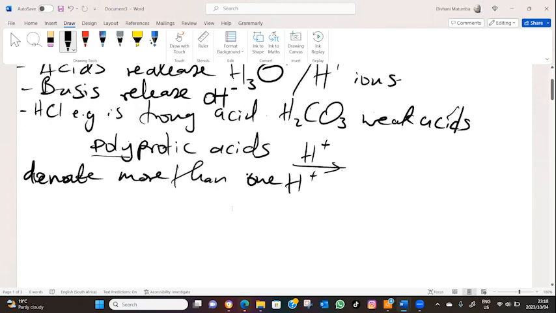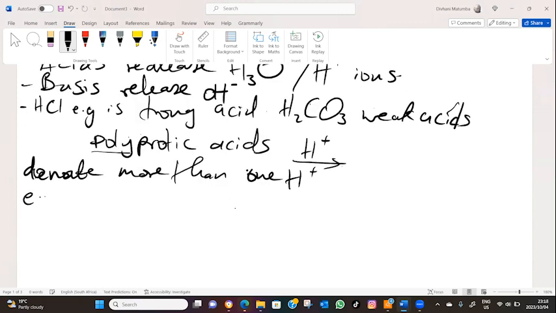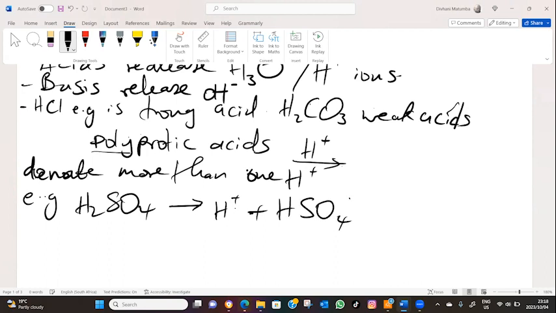For instance, we have H2SO4. H2SO4 can donate one hydrogen to become HSO4 minus.